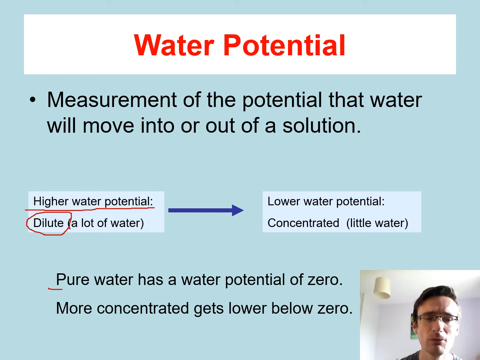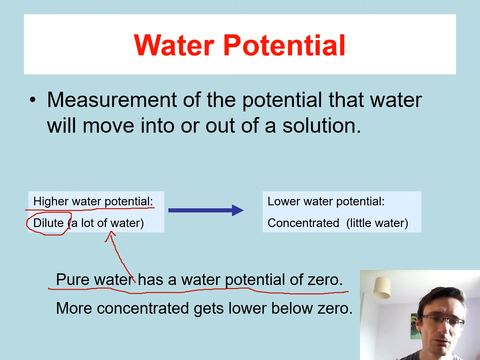The highest water potential you can have is pure water, which has a water potential of 0. Water will move from a higher water potential to a lower water potential. So something with lots of solute dissolved in it, for example glucose liquid or sucrose solution, which is often used in exams, will have a lower water potential. The more dissolved in it, the lower it is.